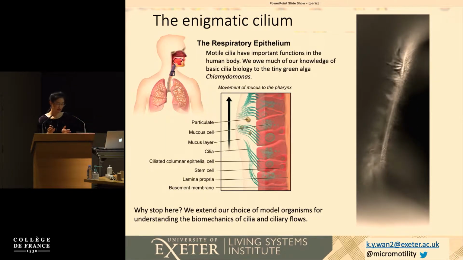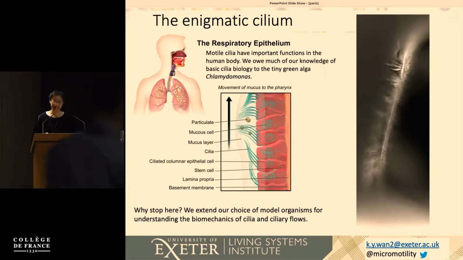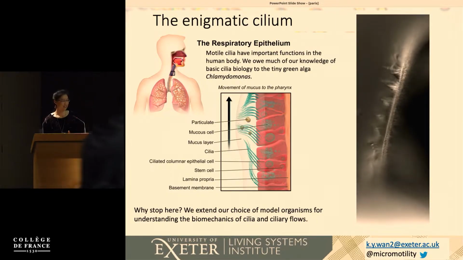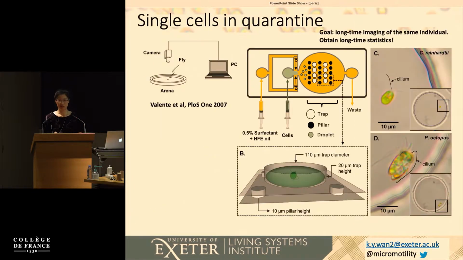In the lab, we'd like to study ciliated or flagellated organisms. What are some of the ways of doing this? We take inspiration from the literature on animal behavior, where the idea is that you take your favorite organism of choice, place it inside some closed arena, and then record for long periods of time in order to obtain long-time statistics of their behavior.